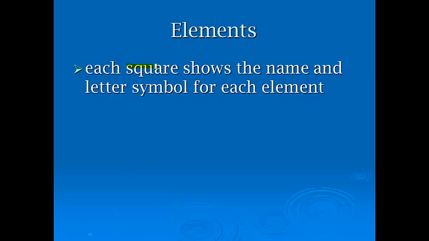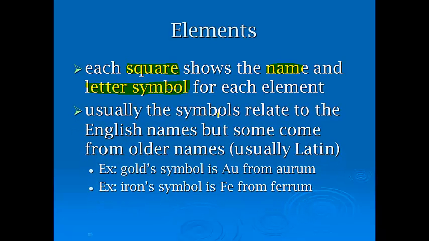Now, what each square will typically show you in almost every periodic table is the name and the letter symbol for each element. Usually the symbols relate to their English names, so they make sense. For example, carbon is abbreviated by a capital letter C, oxygen is a capital letter O. But some of them come from older names, which are typically Latin.